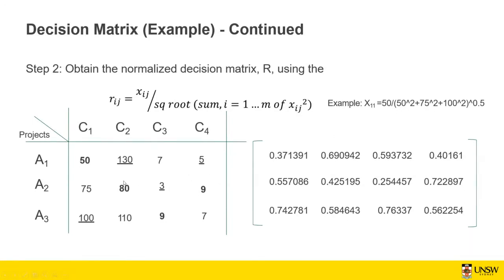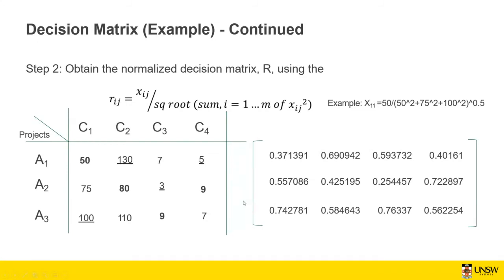It's 50 squared, the first value in the C1 column, plus 75 squared, the second value in the C1 column, plus 100 squared, the third value for the third project in this column. You sum all of that and take the square root. And 50 divided by this gives you 0.37, which is the normalized value for criteria 1 for project A1.